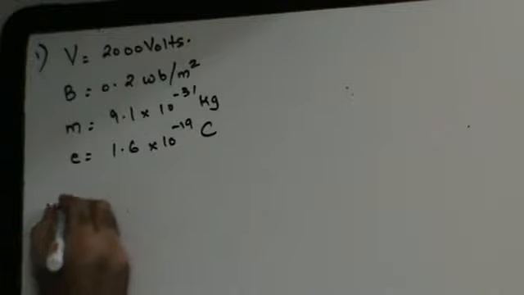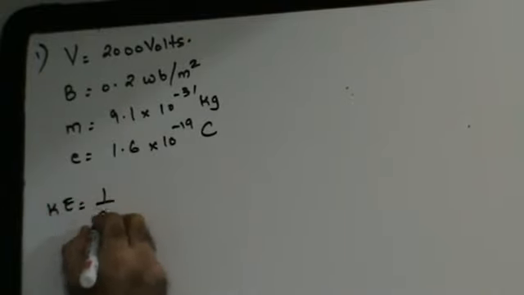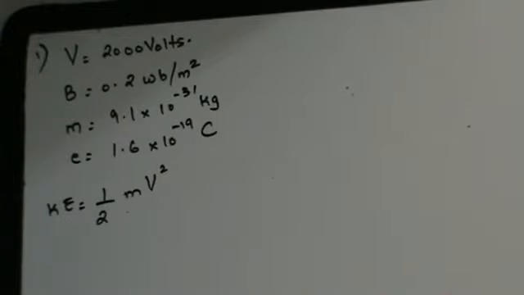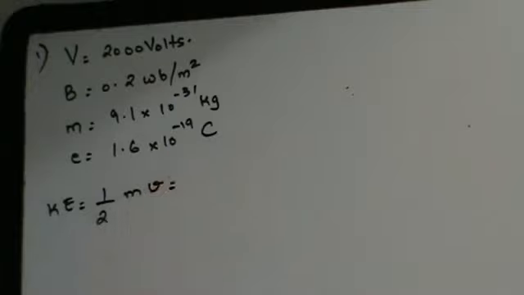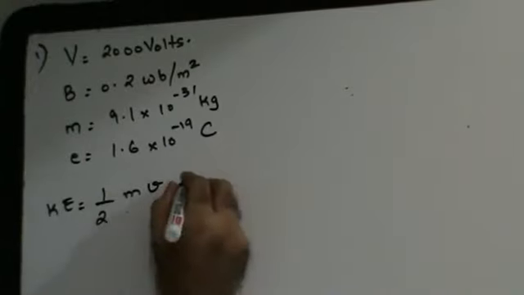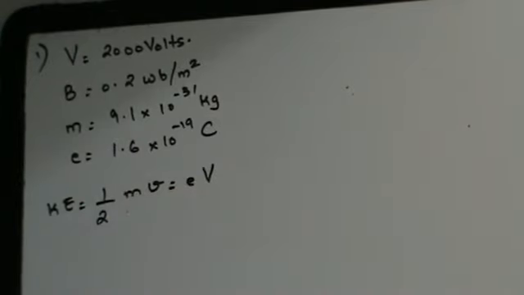Now, kinetic energy is half mv square, right? Kinetic energy is also equal to charge on the electron into potential difference. I can therefore say that half mv square is equal to eV.